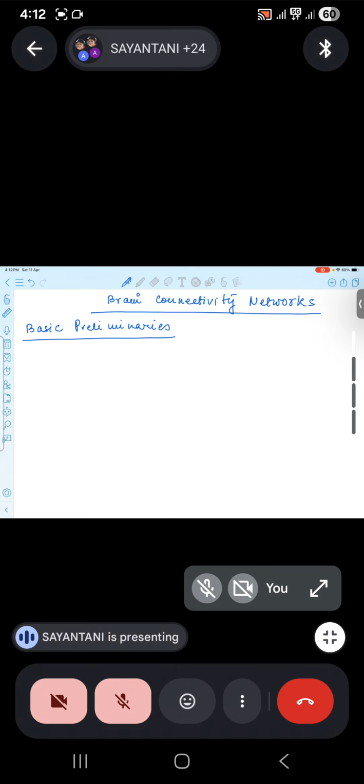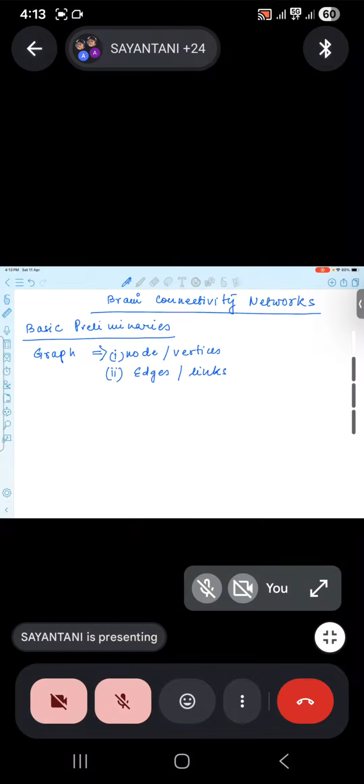So if I'm talking about a graph, all of you know that a graph is mainly composed of two components. One is called the node or the vertices. This is the first component. And the connection between the nodes or vertices are referred to as edges or links.